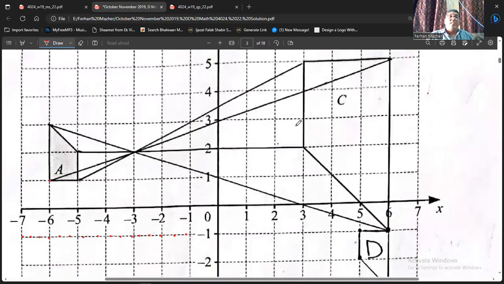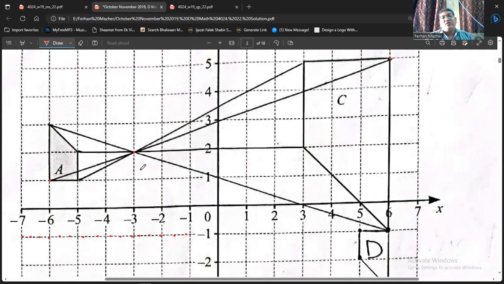For example, this point will be joined with this point, and this point will be joined with this point, and so on. When you join the corresponding points in the image and the object, all these lines intersect here, which is (-3, 2). So this is the center of the enlargement. So it's an enlargement, and the center of the enlargement is (-3, 2).